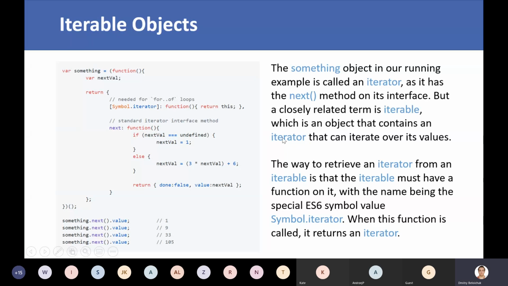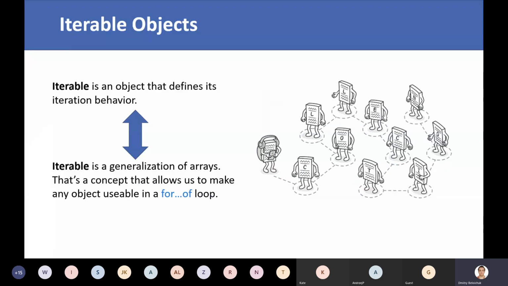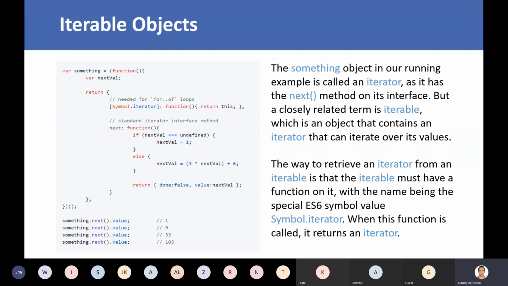In that iterator protocol, you have a symbol, which is used for for loops, and the next method, which is a method that helps us to iterate. Then they decided to provide documentation for the thing called an iterable object.